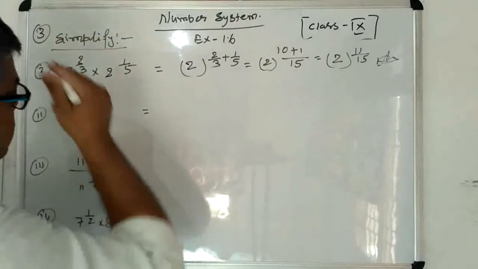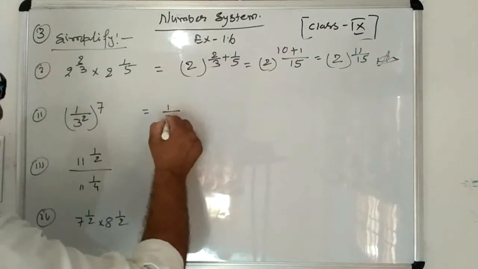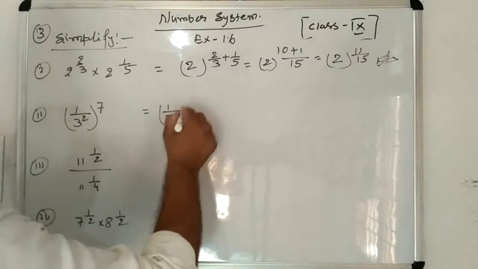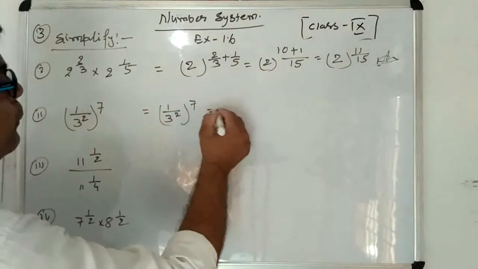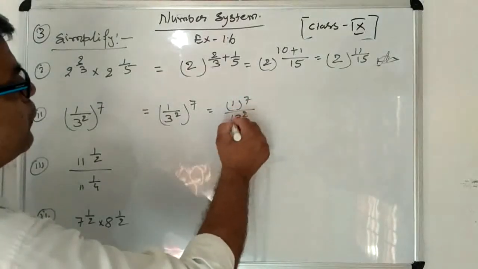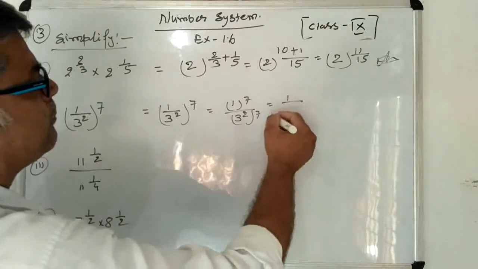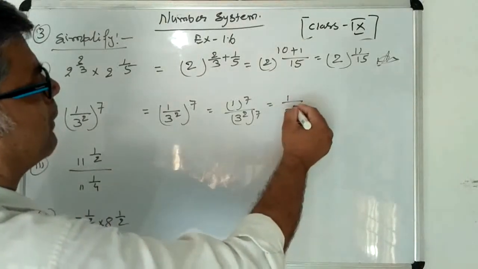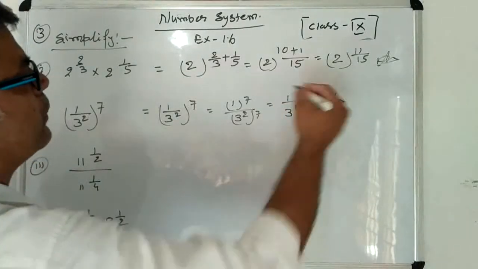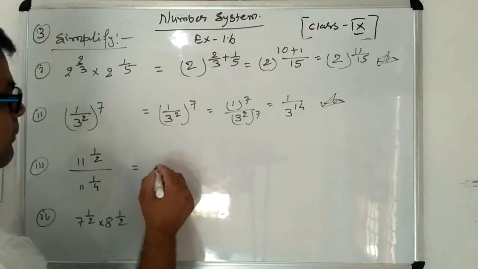Now in this case, 1 by 3 whole square to the power 7. So you can write 1 to the power 7 by 3 power 2 to the power 7. So it is 1 by 3 to the power 14. This is your answer. Now similarly in this, it is the case of division.